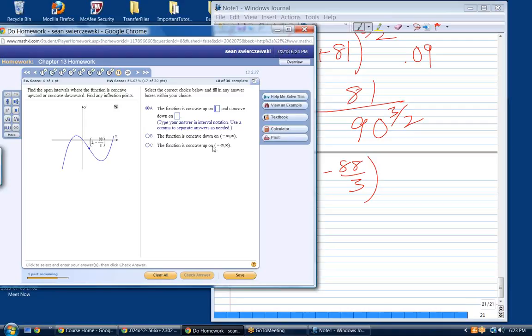So it's concave up on this interval, 2 comma infinity, and it's concave down from negative infinity to 2.